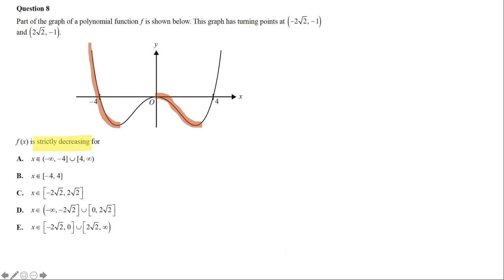For strictly decreasing, I need to include the endpoints. These endpoints are also turning points. That's why we can have negative infinity to minus 2 root 2 inclusive, and 0 to 2 root 2 inclusive.